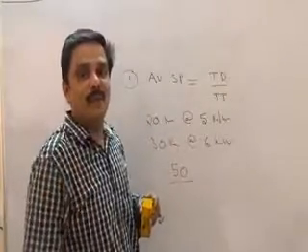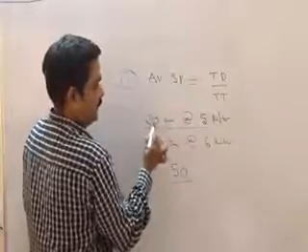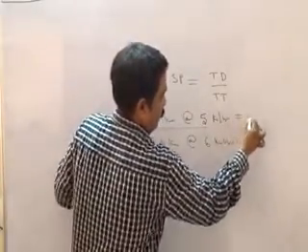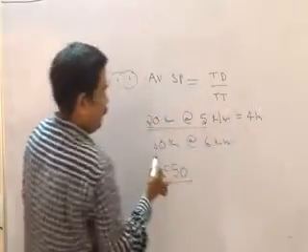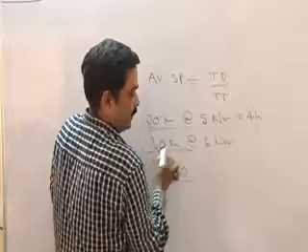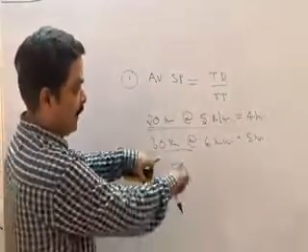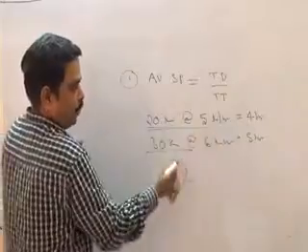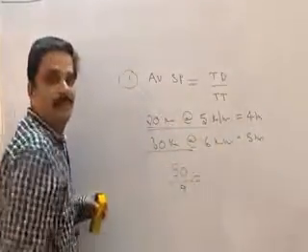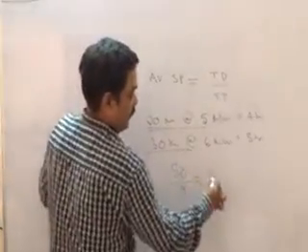Now, time taken in this case is distance by speed, 20 by 5, that is 4 hours. Time taken in this case, 30 kilometers at the rate of 6 kilometers per hour, is 5 hours. So total time taken is 9 hours. Total distance by total time will give me the answer. Now 50 by 9 kilometers per hour, 9 5s are 45.